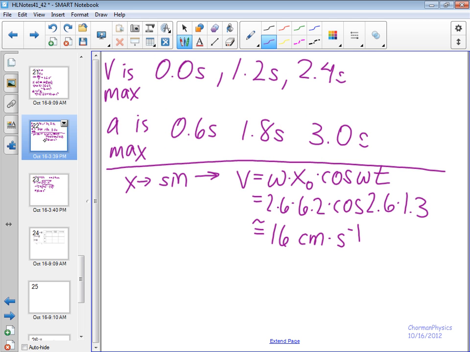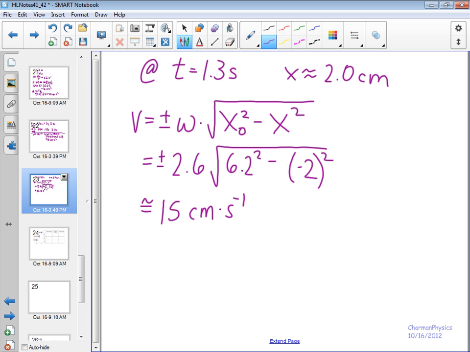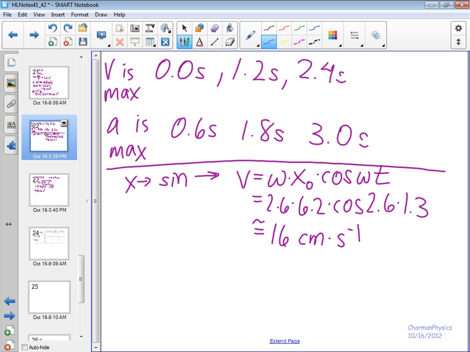And I got, after rounding, about 15 centimeters per second. Now, rounding is an issue, reading the value off the graph is an issue. There's a couple of different reasons why these two values, 15 centimeters a second and 16 centimeters a second, are a little off. But given all those things, I am confident in the accuracy of both of my formulas.